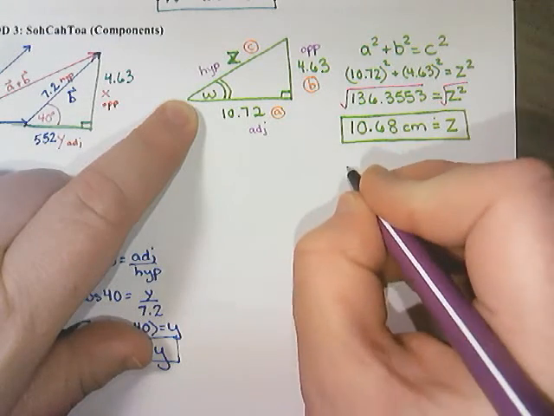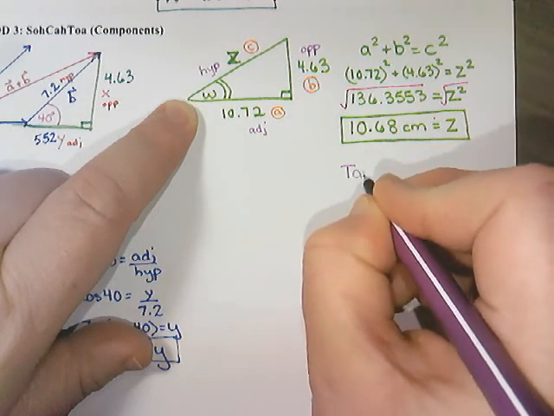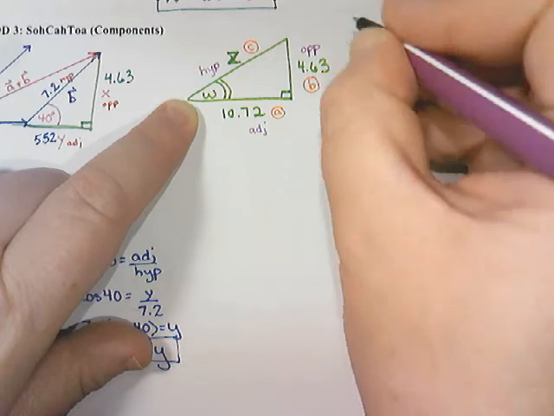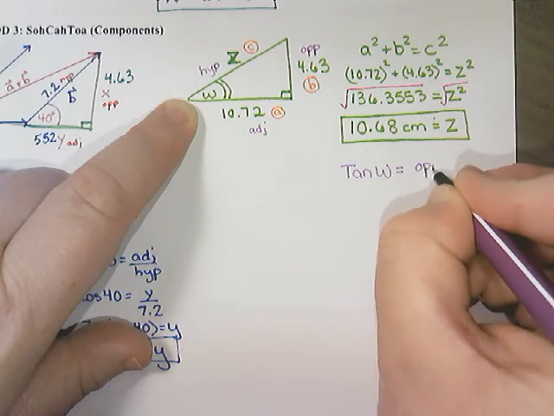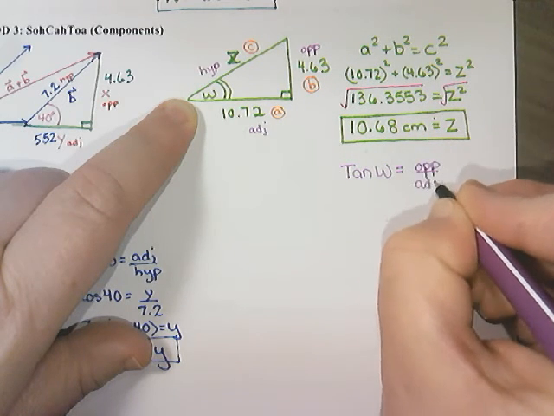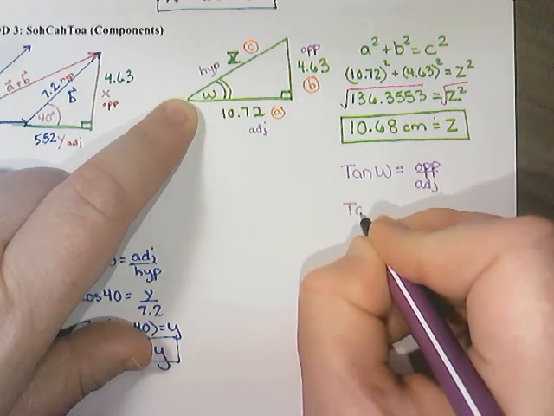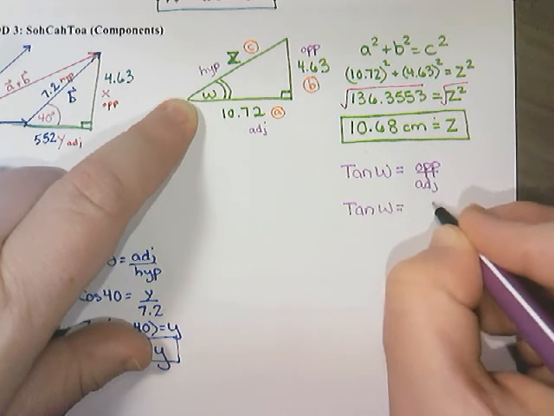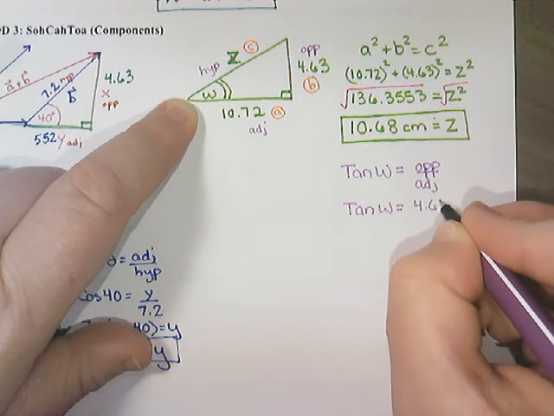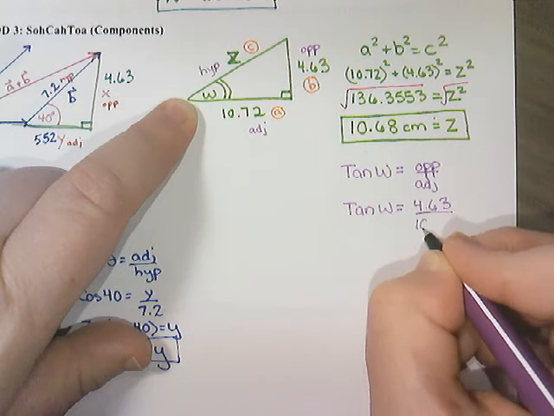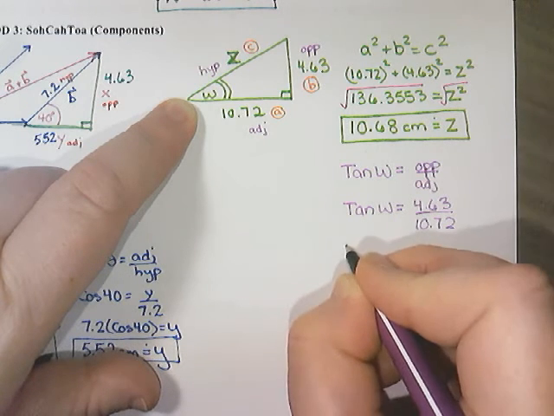All right, so from here I'm going to do tan. So tan of W equals opposite over adjacent. So tan of W is 4.63 divided by 10.72.